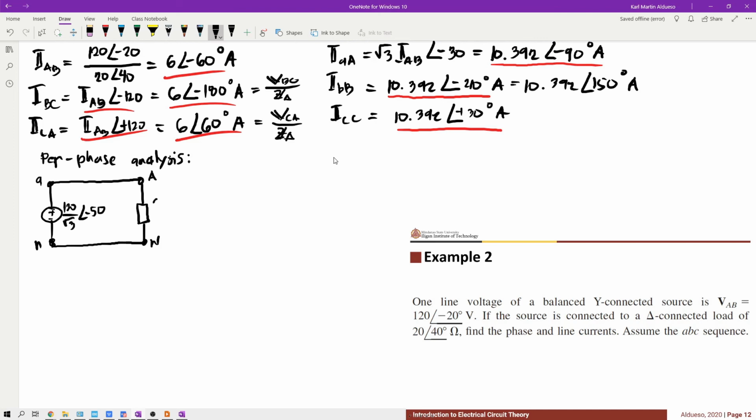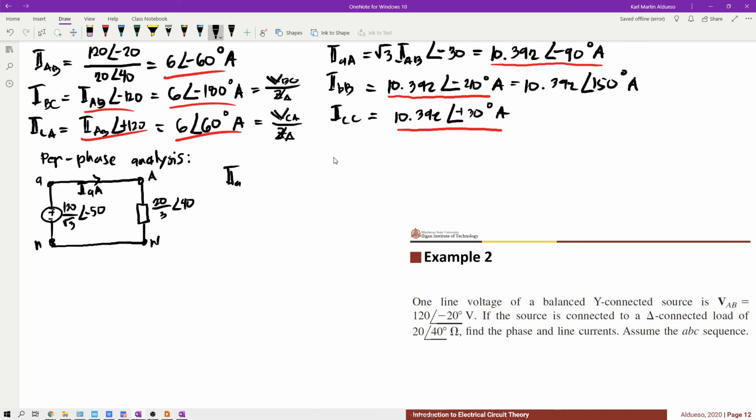Then we have 20 over 3 angle of 40. And this is our line current IAA. So using per phase analysis, we can get the value of the line current IAA.